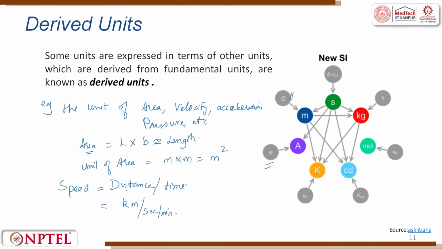So, this distance is in length scale and time is in second scale, right. So, here the units can be approximately, that is, speed can be kilometer per hour. So, that is the speed which we talk about when we go in a car or in a rocket or something. So, speed is a derived unit, area is a derived unit.